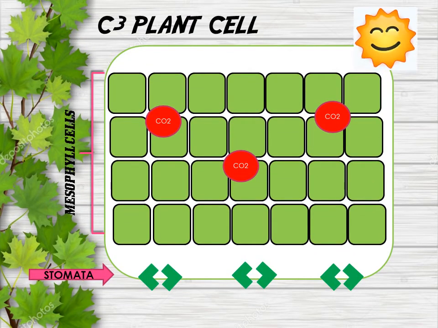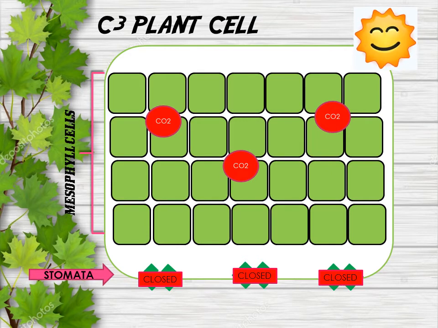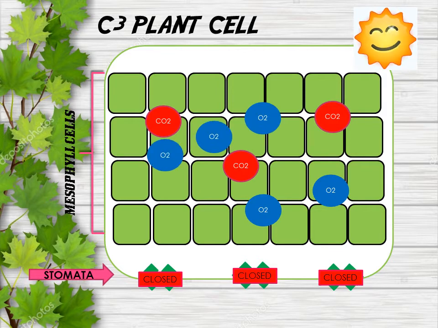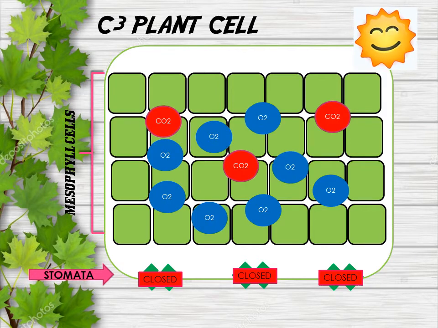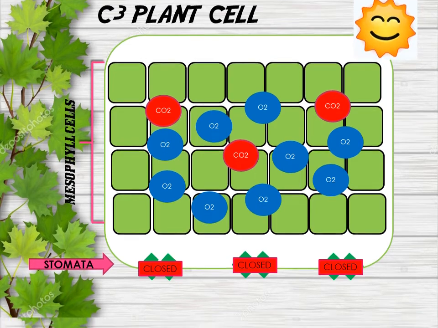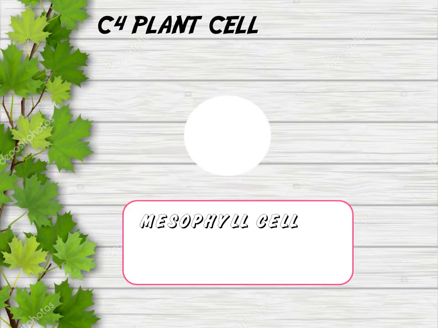But under a hot or dry condition where the stomata are closed, oxygen accumulates, which inhibits the amount of C3 that can be made. So, some plants evolved an adaptation that allows them to photosynthesize in hot and dry conditions. These plants carry out C4 photosynthesis instead of C3.